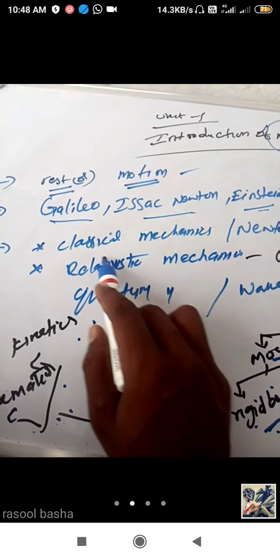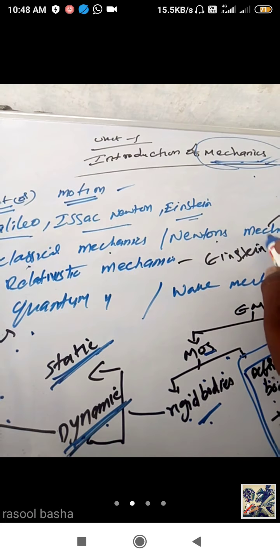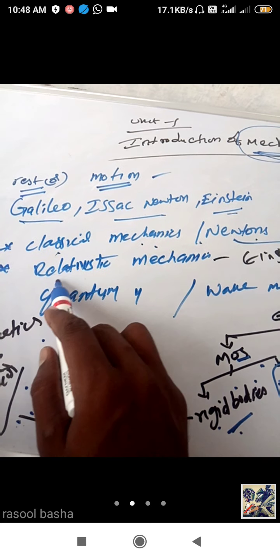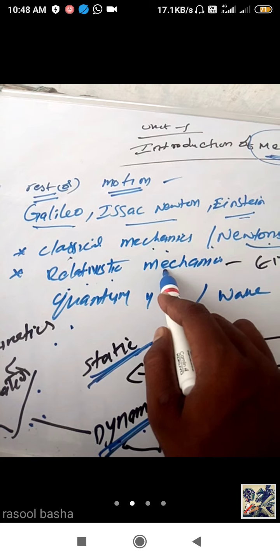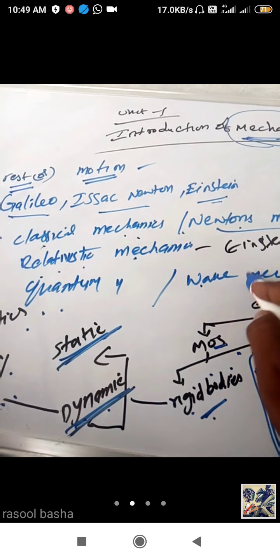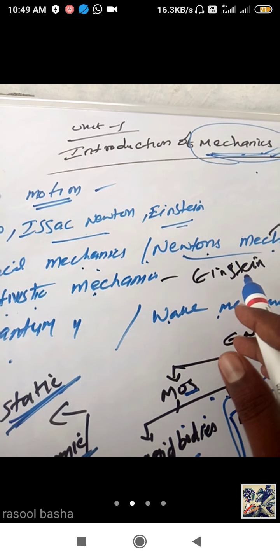One group is called classical mechanics, that is Newton's mechanics. Second one is relativistic mechanics. Third one is quantum mechanics or wave mechanics. So these three types were explained by three scientists.